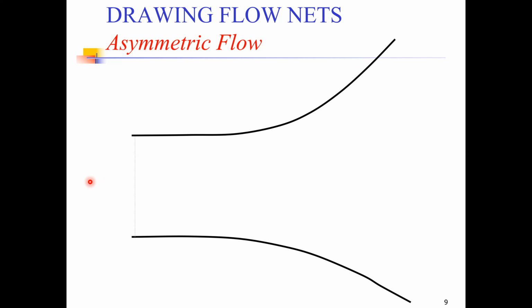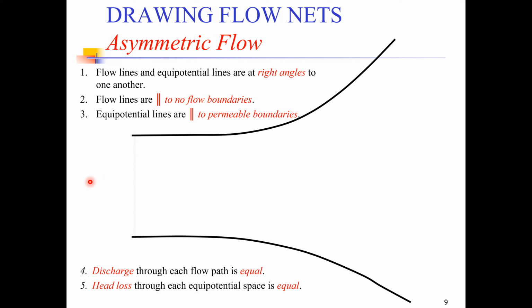Now, before drawing the flow nets through this pipe, just for your convenience, let me show you the 5 points that we have seen in the previous slide. So let's try to draw the flow nets of this pipe by following the same 5 principles that we have seen here. What we'll do here is let's break down this complete pipe into 2 parts.